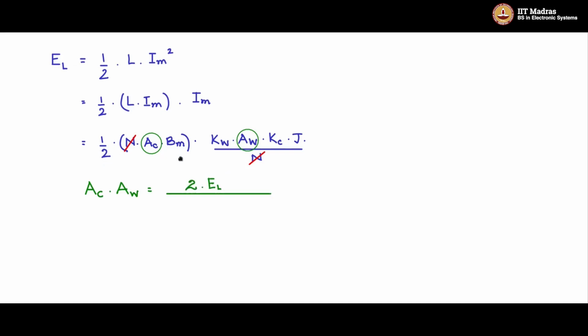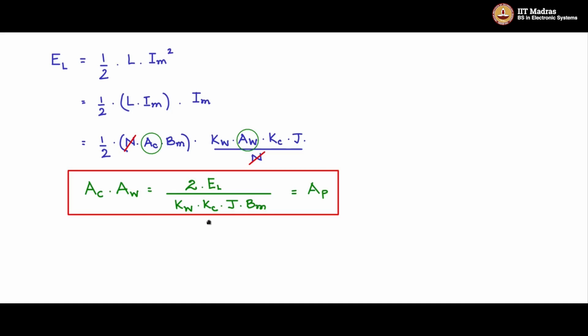divided by Kw, Kc, J and Bm. So this is the area product AP, meter to the power of 4. And this is the area product equation.